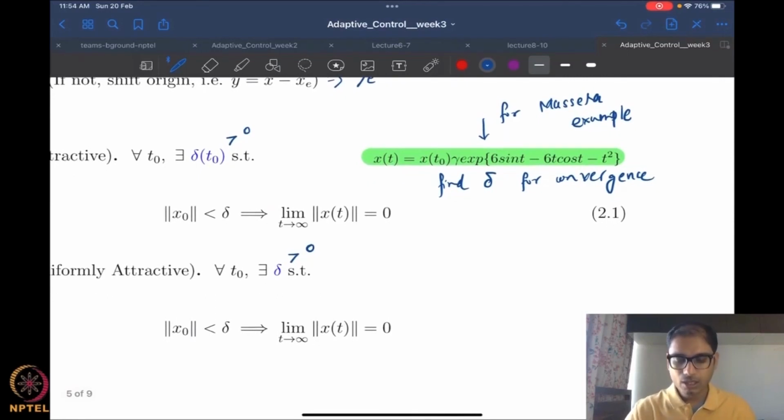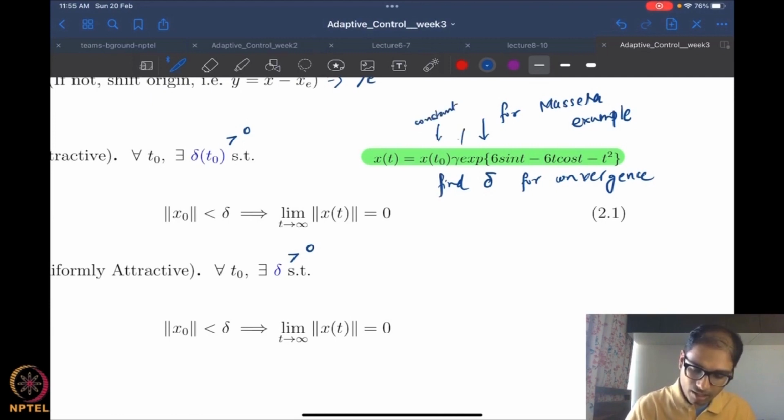Now the question is, what sort of initial conditions are allowed? Let's notice something. Once I fix this t0, or in fact it doesn't matter whether I fix t0 or not, this is some constant.